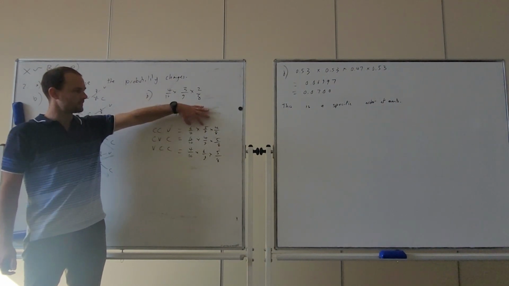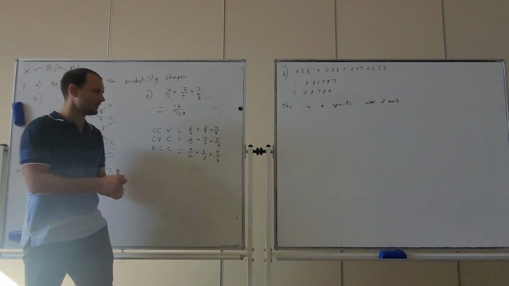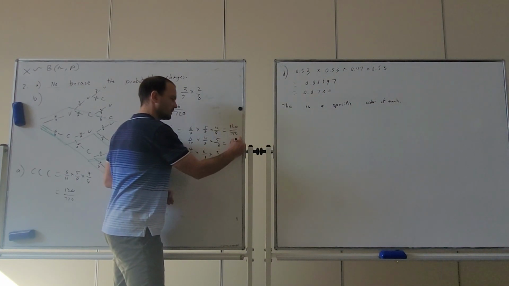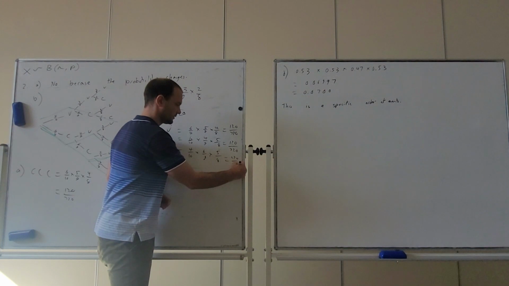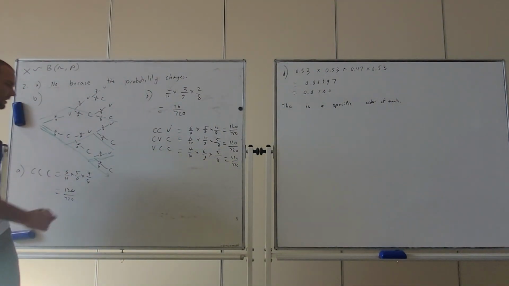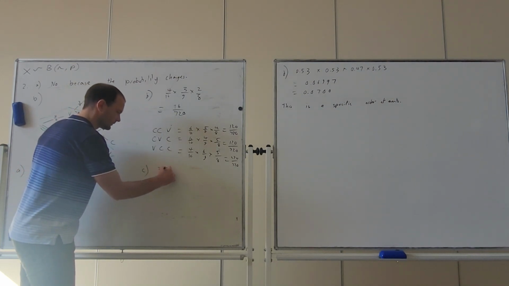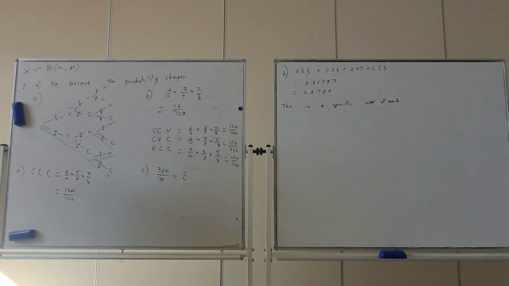So 6 times 5 is 30, times 4 is 120. The probability of the first event is 120 on 720, the second event 120 on 720, and the third event 120 on 720. So 360 on 720, that's half. So the answer for part C is you basically have a 50% chance of getting 2 chocolates and 1 veggie.